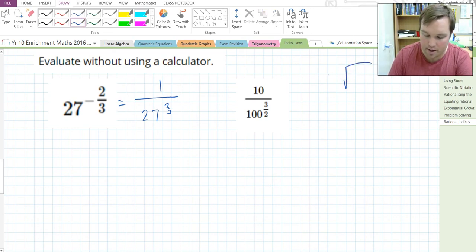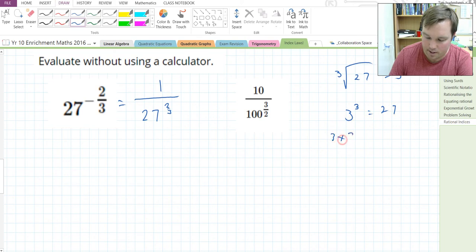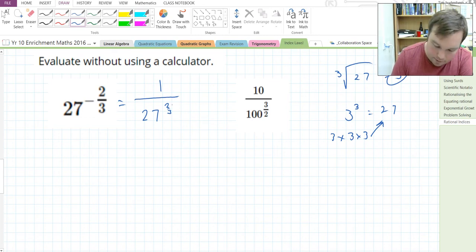So you should know that the cube root of 27 is 3 because 3 cubed is 27. 3 times 3 times 3, 3 times 3 is 9, times 3 is 27. So if we can get somewhere the cube root of 27 out of this, we can reduce that to 3. Aim of the game. Let's see how we go.